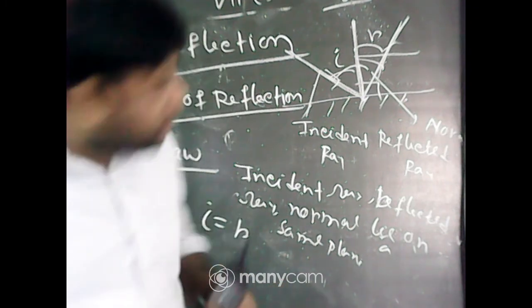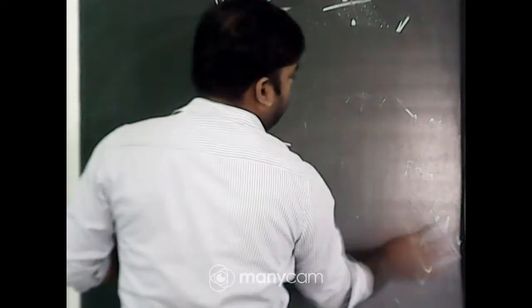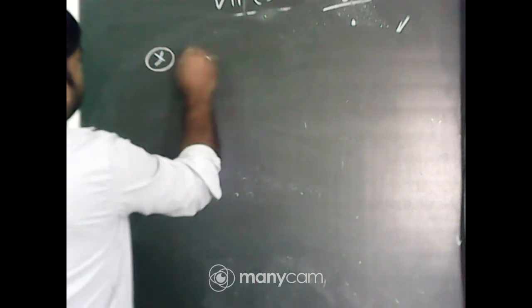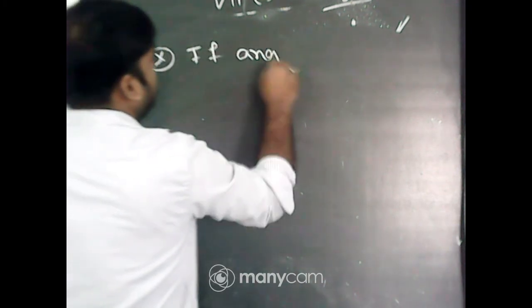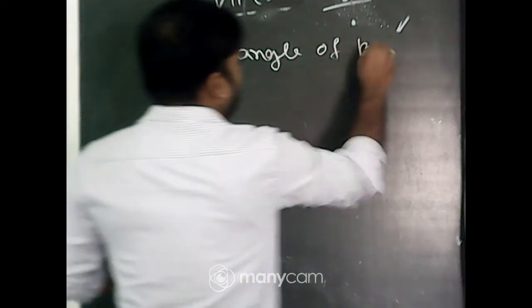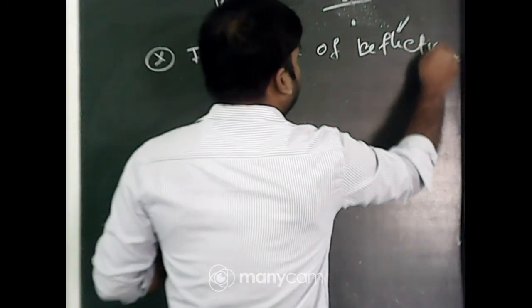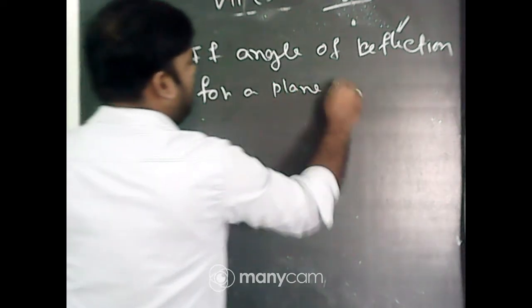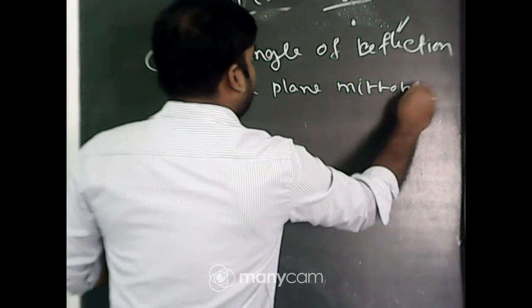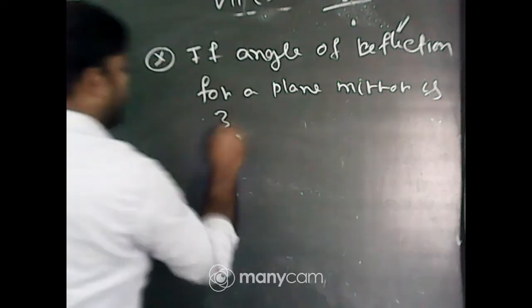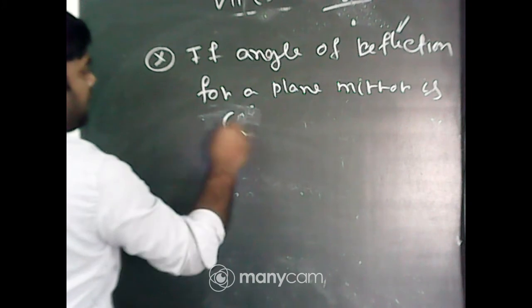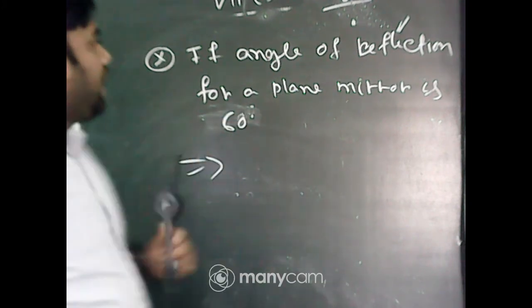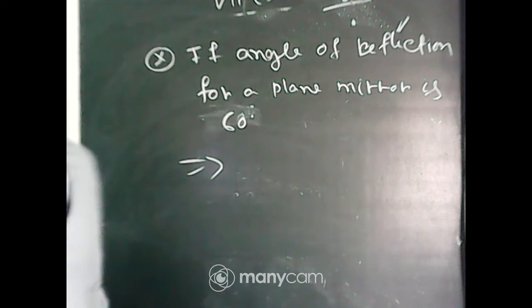So one question, students. If the angle of reflection for a plane mirror is 60 degrees, then what will be the angle of incidence?